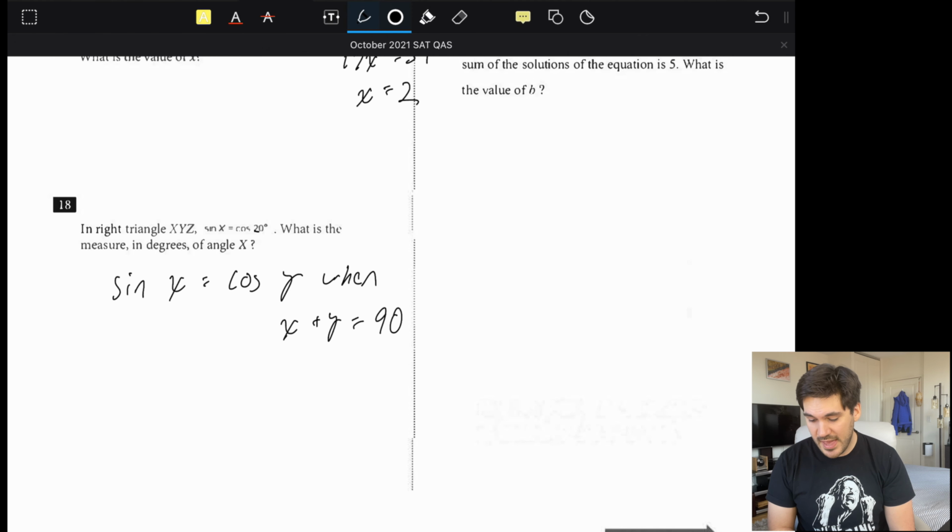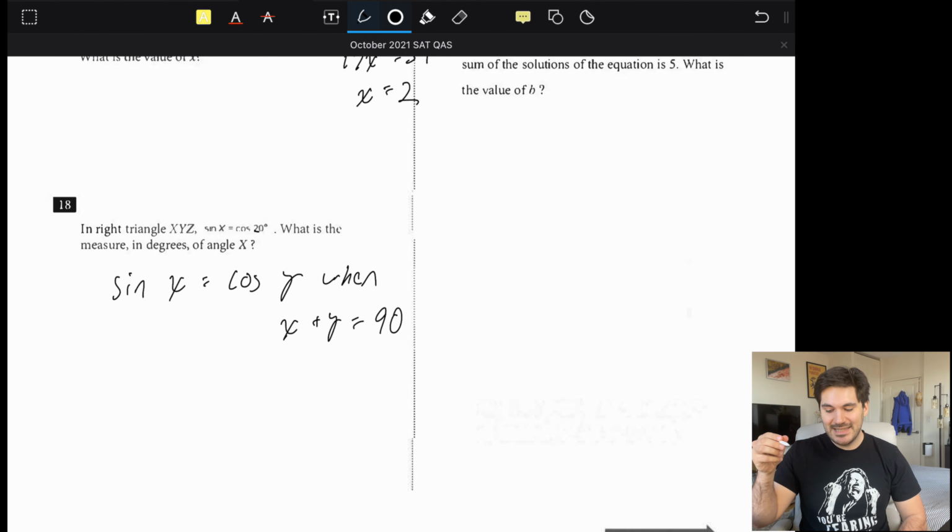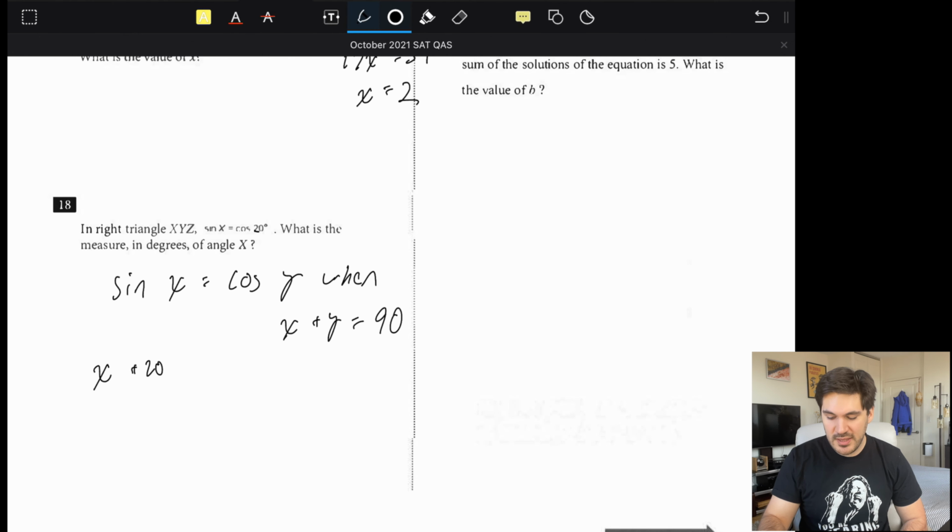So if sine of x is equal to cosine of 20, they told us it's a right triangle. So that means, based off of this rule, the two angles we're looking at have to add up to 90. Which means that x plus 20 has to be equal to 90.